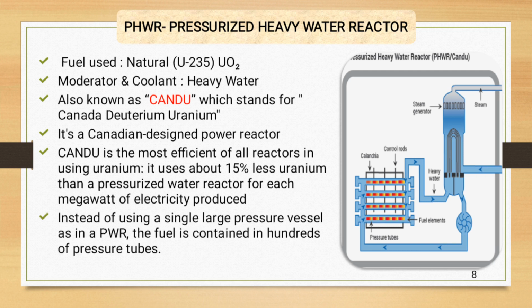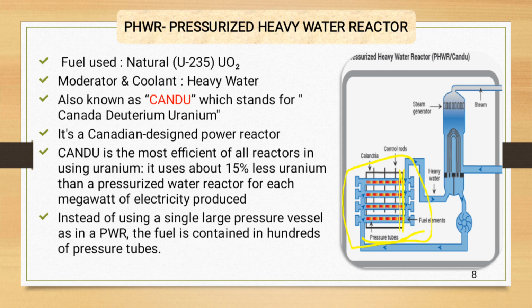Instead of using a single large pressure vessel as in a pressurized water reactor, the fuel is contained in hundreds of pressure tubes. We can see in the diagram that these are the pressure tubes placed horizontally in which fuel elements are present.